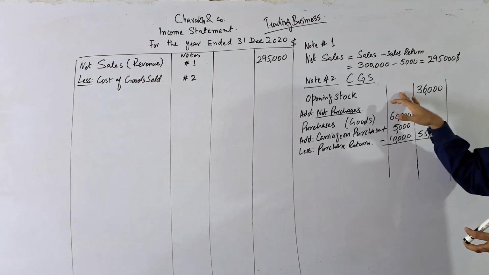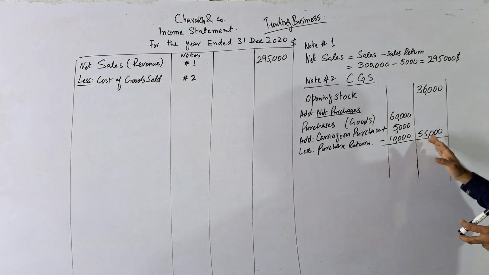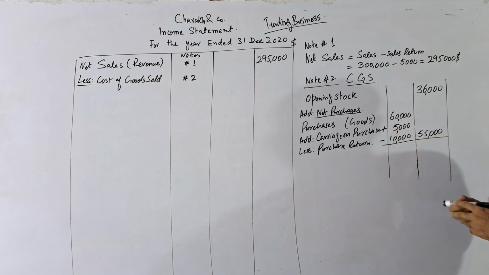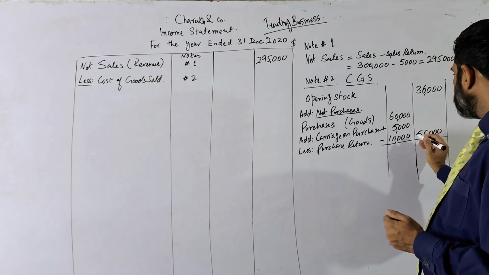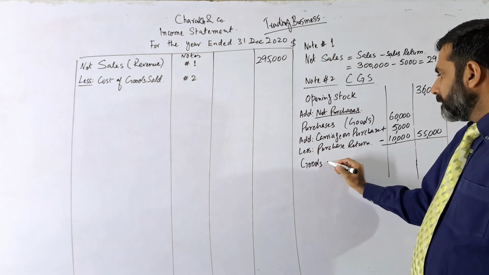So they had an opening stock of 36,000, and then they have a 55,000 amount in the form of the purchases. So if we add these 2 things, that is called goods available for sale.